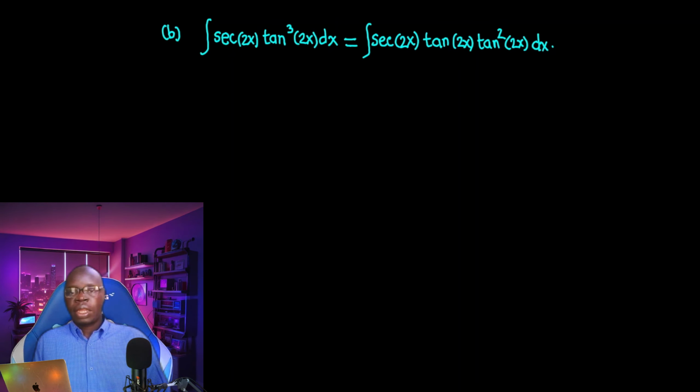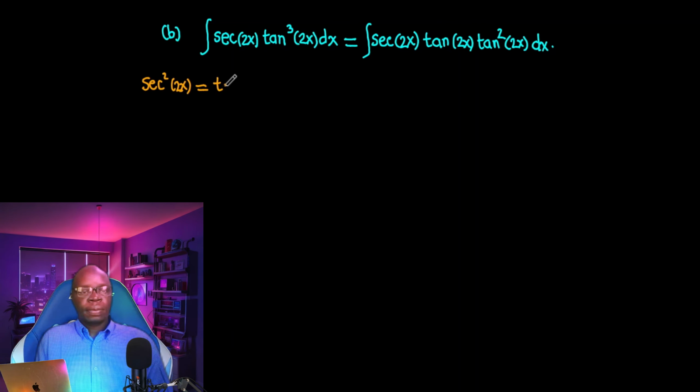So the next one here, we can maybe get a different color and replace here that, okay, when we have secant square with an angle of 2x, this can be given the same as tangent square with the same angle 2x plus 1.